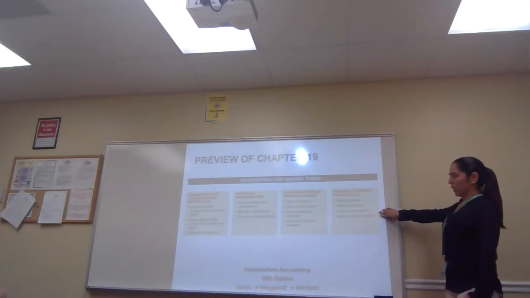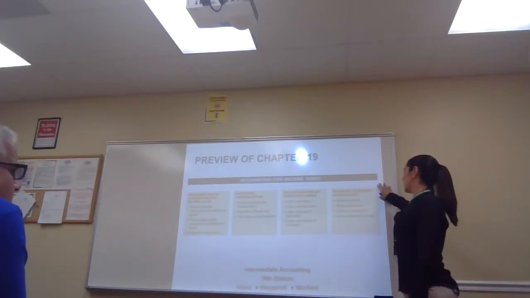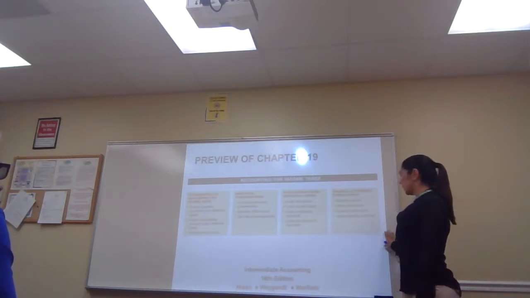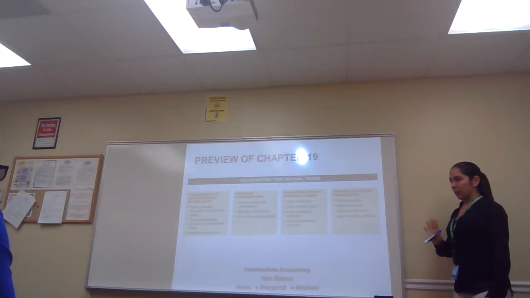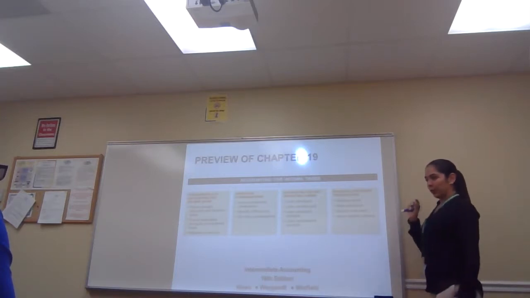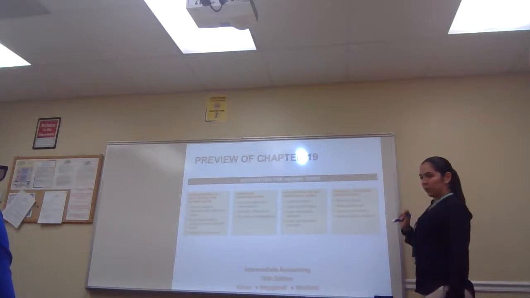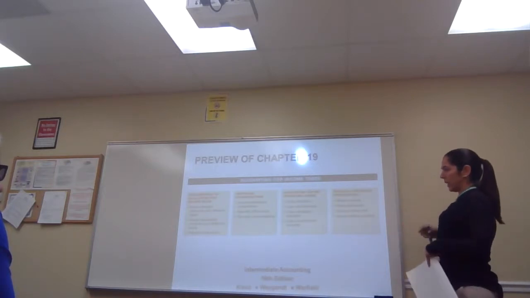Today we're going to talk about accounting for income taxes. A perfect example is depreciation. Depreciation is calculated one way under GAAP and a different way under tax. So you can have two different depreciation expense numbers on your financials depending on what format you're using. That is an example of the differences between GAAP and income taxes.